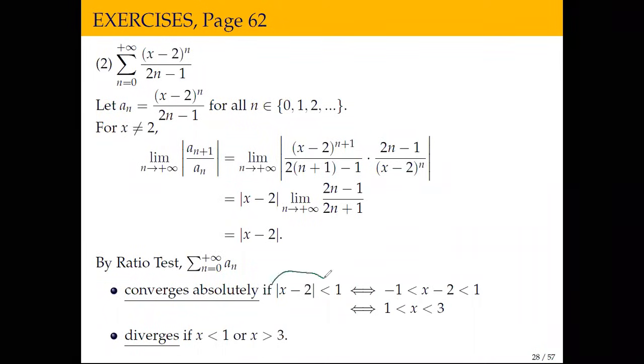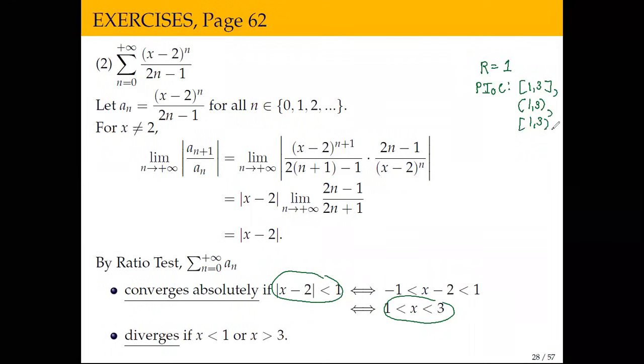From this line, we can say that the radius of convergence is equal to 1. And from this line, the possible intervals of convergence are (1, 3) including 1 and 3, (1, 3) not including 1 and 3, (1, 3) including 1 but not 3, and (1, 3) including 3 but not 1.